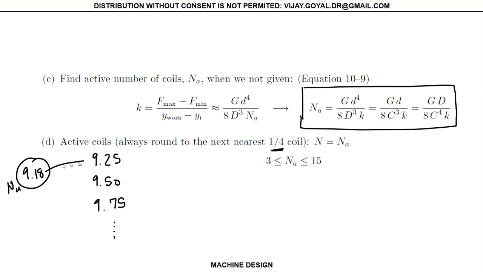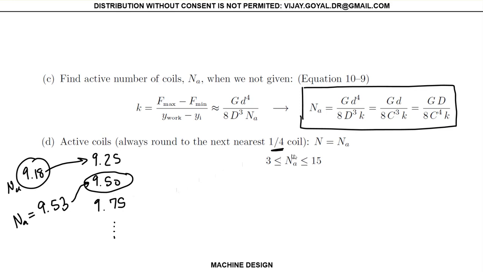So the Na you will choose is the next one up. If I had, let's say, 9.53, then you choose the one at 9.5. Okay, so this is how we actually work with the coils.